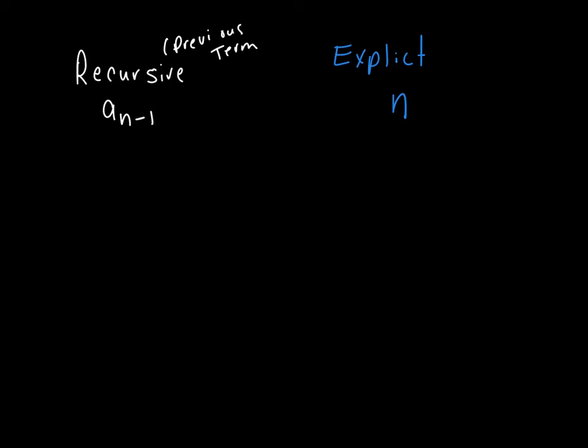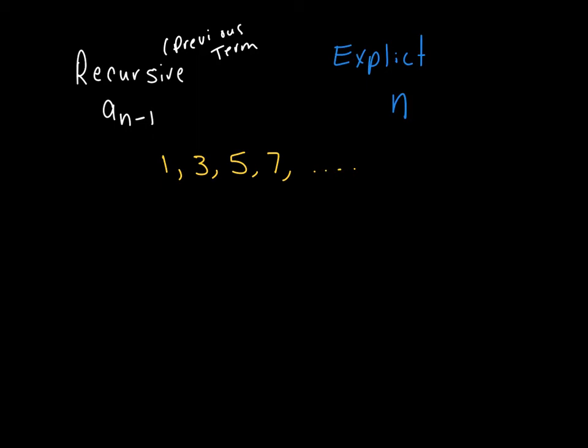For explicit, you just need the term you're looking for. So if we want to write a formula for these, let's look at the set of odd numbers: 1, 3, 5, 7, and continues. This is an infinite sequence. We don't know what the end is.